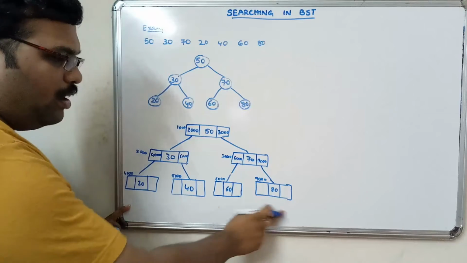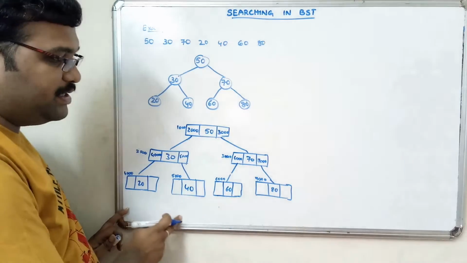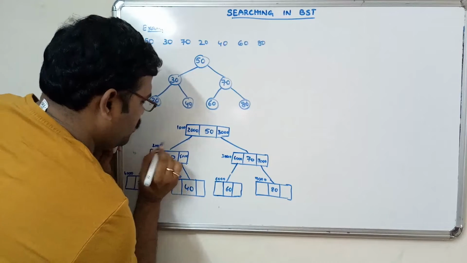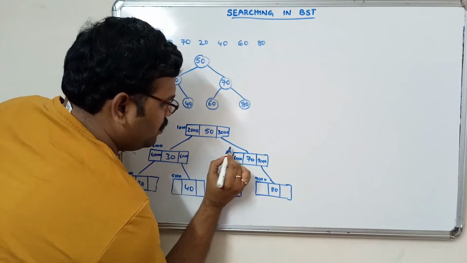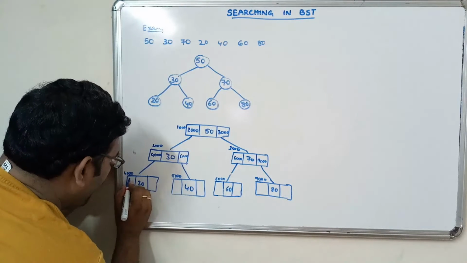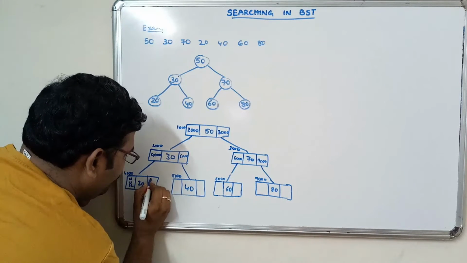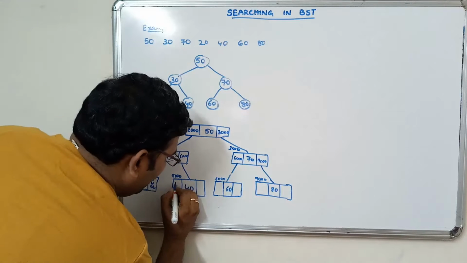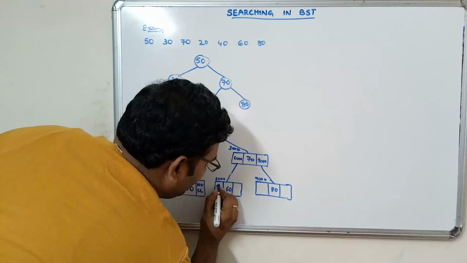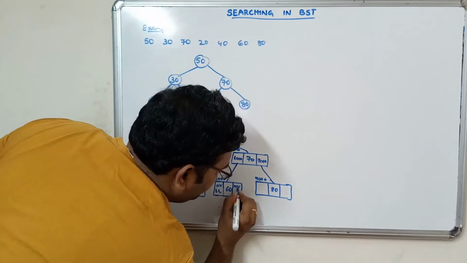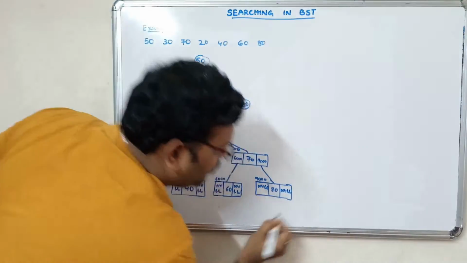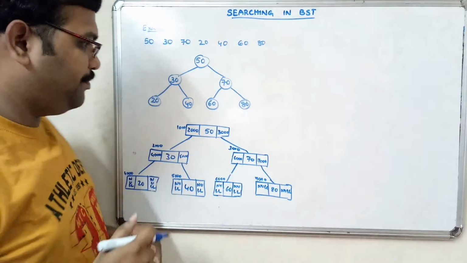So all these are the leaf nodes, right? All these are the leaf nodes, so they will be null, because they don't point to any other element.